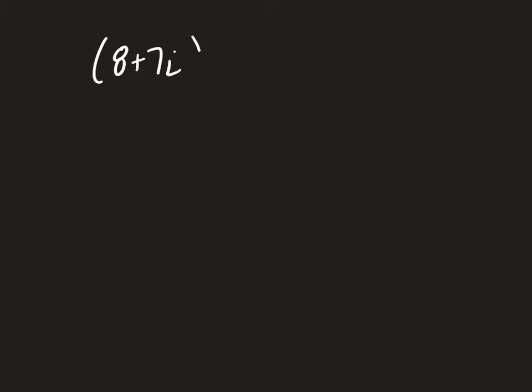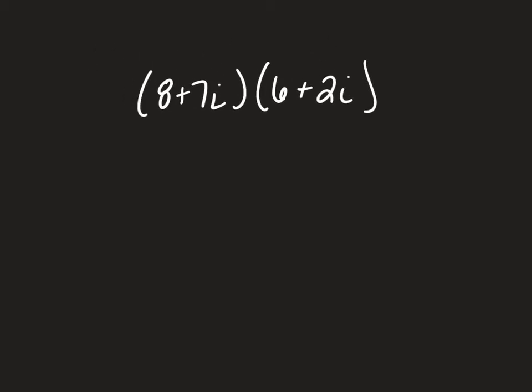All right, so 8 plus 7i times 6 plus 2i. We're going to FOIL. We know how to do that, right? Hopefully. We're going to take our first two, so 8 times 6 is 48.